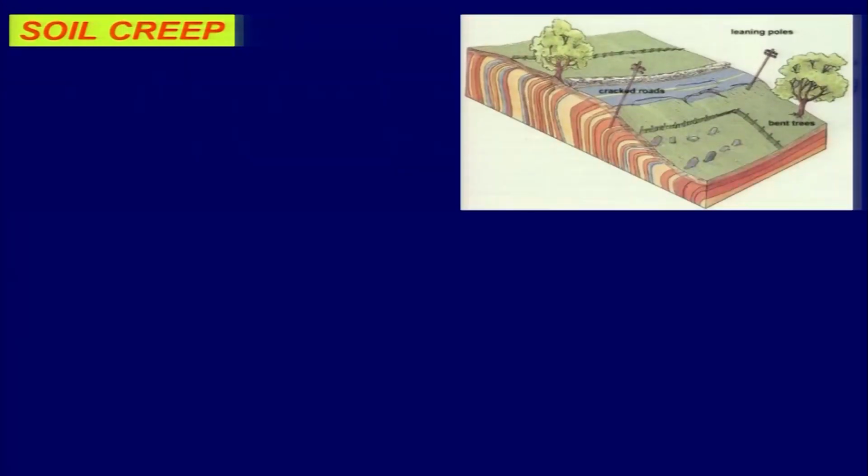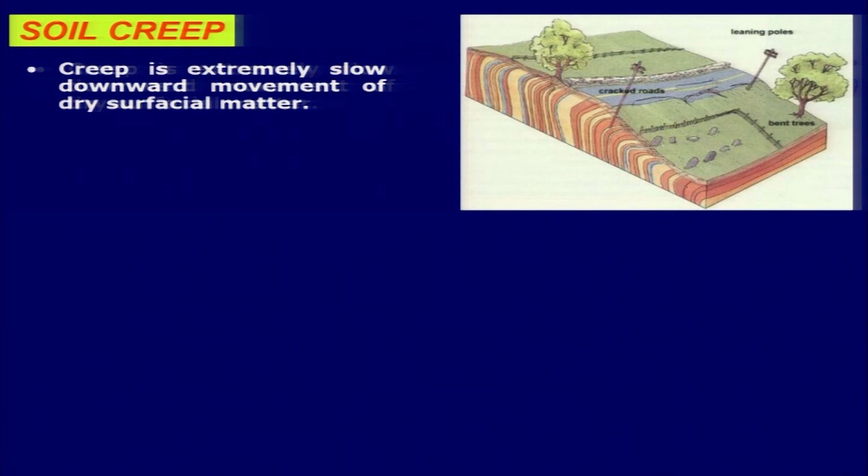Now, coming to another one, which is soil creep. Soil creep again is a very slow movement of the material, and creep is extremely slow, even slower than solifluction, and the movement is downward again of a dry superficial material.